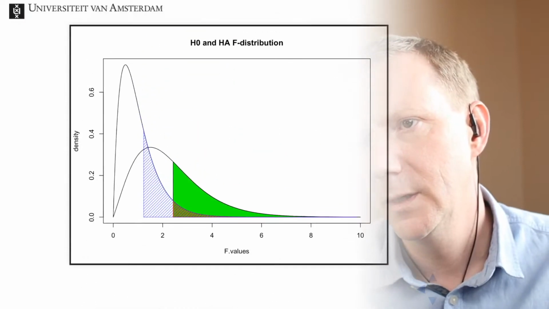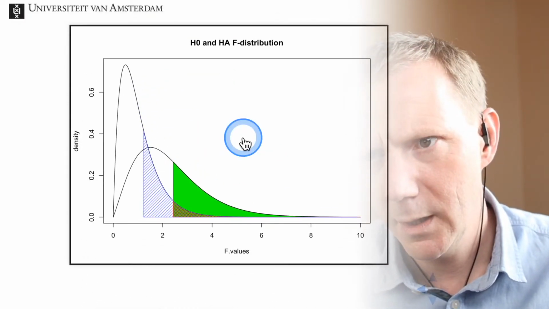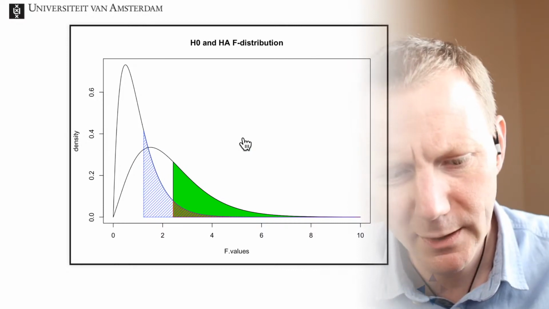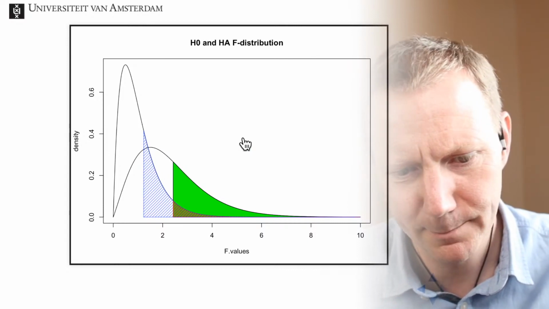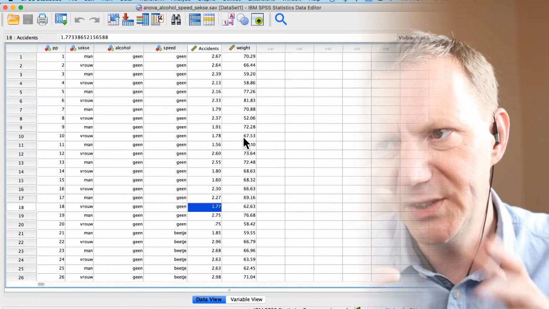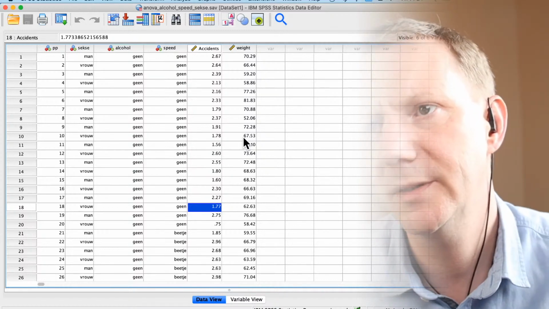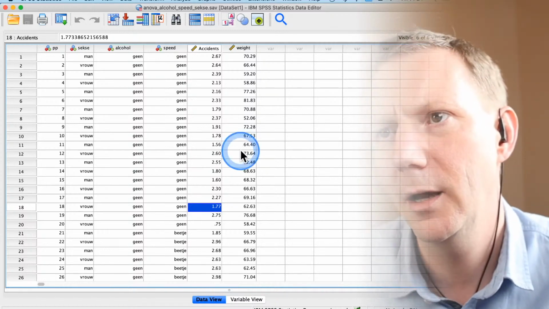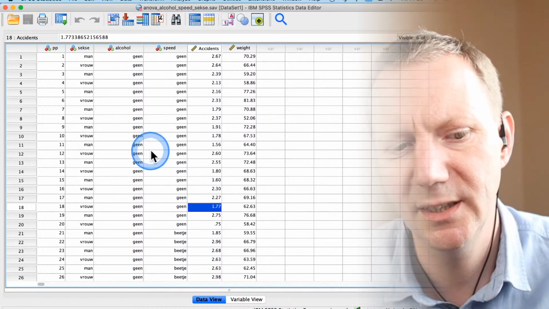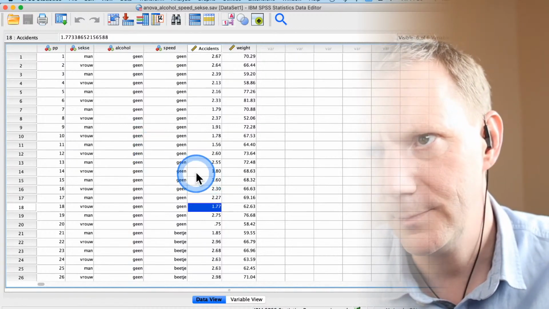Okay. So let's look at this in SPSS, because we've seen how to calculate all these parts, but it's also good to see what it's like when running the analysis in SPSS.